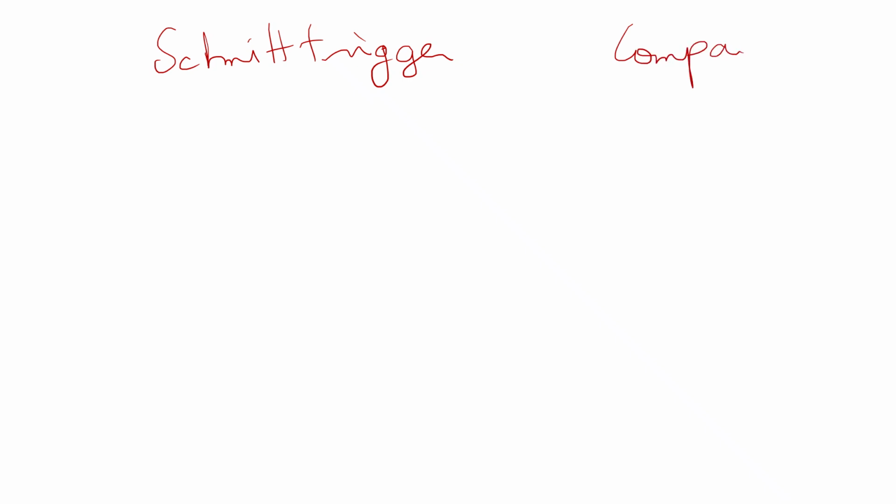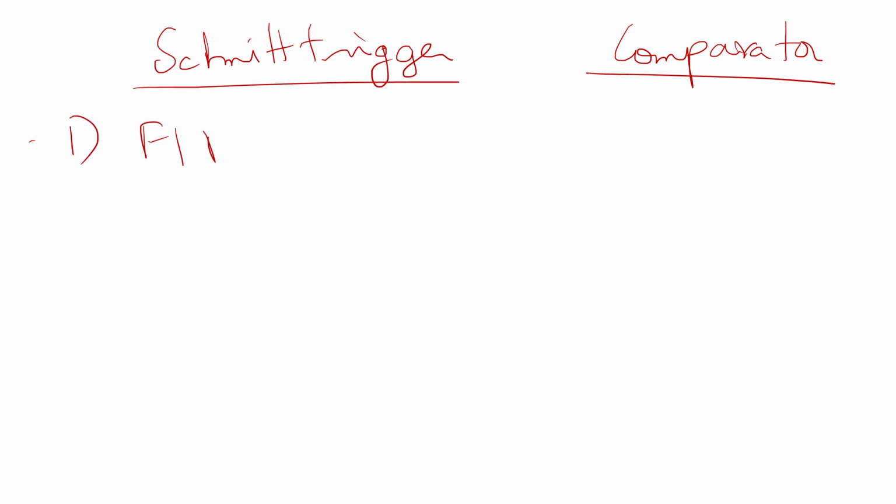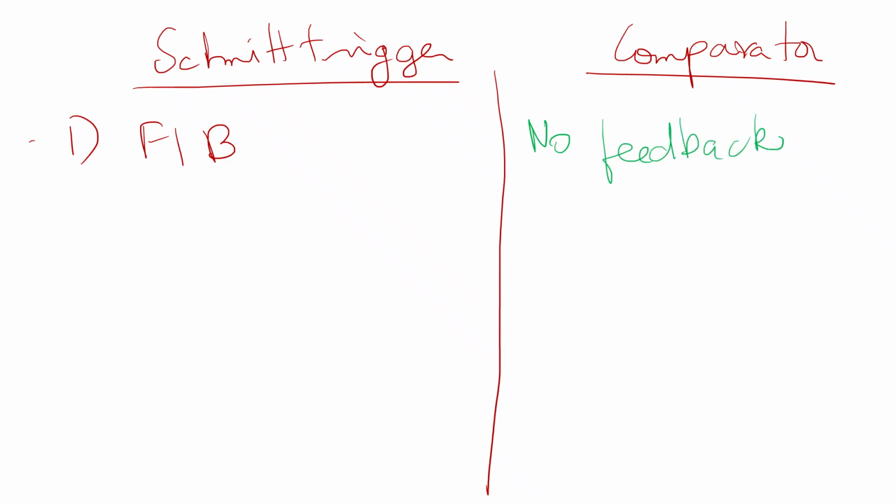Yes. So here, what would be the differences between the two circuits we have discussed so far, the Schmitt trigger circuit and the comparator circuit? Feedback is used in a Schmitt trigger circuit, whereas no feedback is used in a comparator circuit.